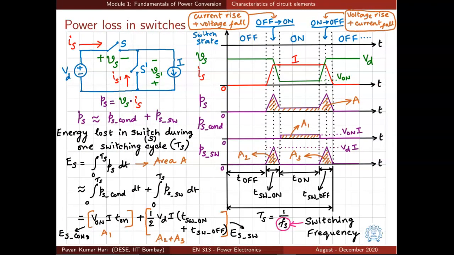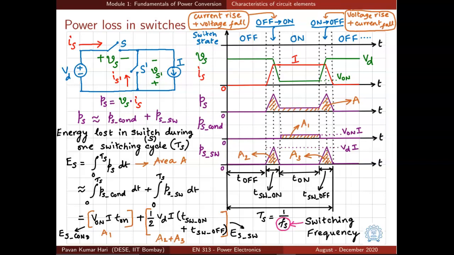Now let us look at the energy lost in the switch during one switching cycle. It's again the area A shown here. Now the area A can be written as the sum of three areas approximately: A1 plus A2 plus A3. The area A1 corresponds to the energy lost during conduction, and the areas A2 and A3 correspond to the energy lost during the turn on transition and turn off transition respectively.